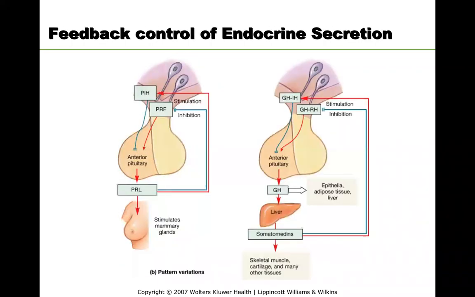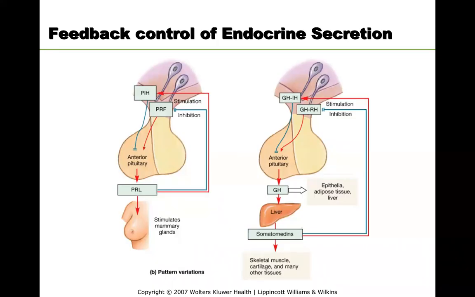There is another way the regulation takes place. Regulation of prolactin is unique among the anterior pituitary hormones. In this case, the hypothalamus produces both the releasing hormone, PRH, and the inhibiting hormone, PIH. When one is stimulated, the other is inhibited.